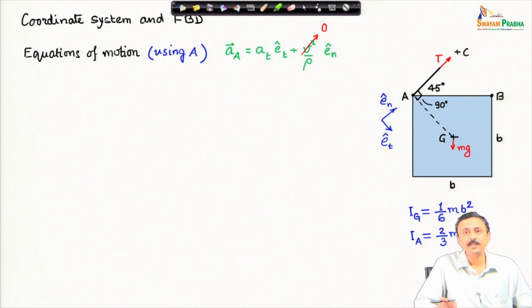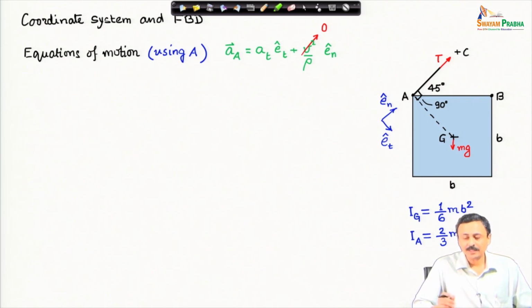So, tangent e_t cap is the direction in which A will move along that circle, and e_n is the normal direction towards the center of curvature. And you know the expression of acceleration in the tangent normal system of a point. It is the tangential acceleration times e_t cap plus v square by rho, radius of curvature of the path, times e_n cap.